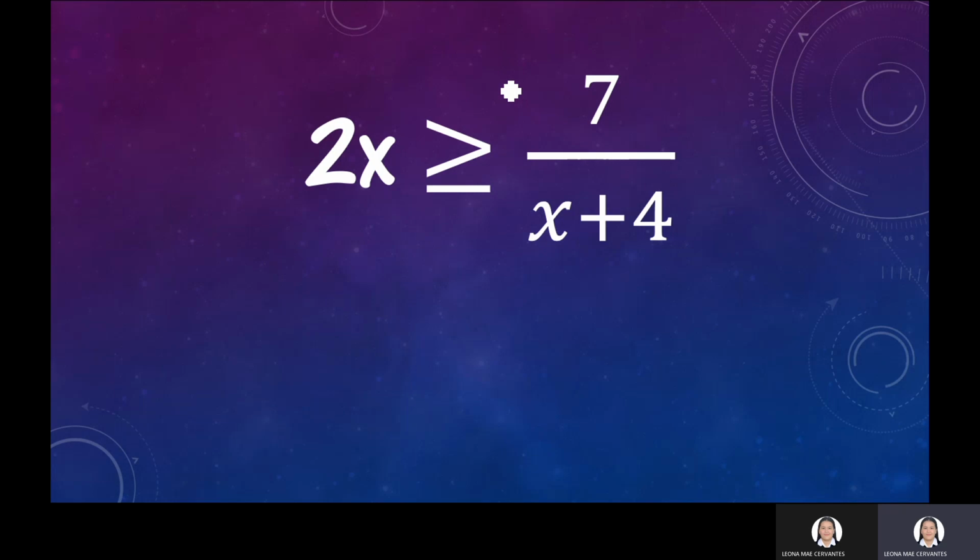Next. 2x is greater than or equal to 7 over x plus 4.